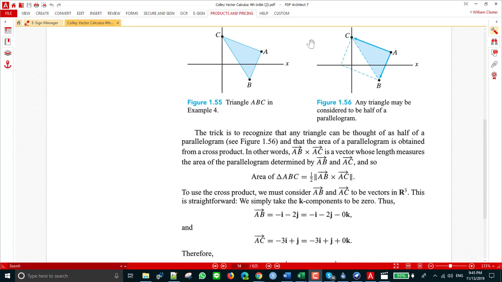So apparently, and I can't say I remember this, the area of a rectangle can be obtained by the length of this times the length of this times the sine of the angle between them. I definitely can't remember any formula like that, but I guess you can look it up.